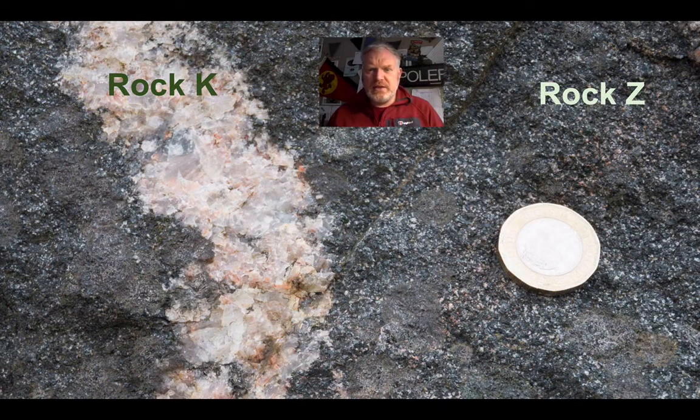And this is rock Z, the darker colour rock. Again, we've got a pound coin for scale, so we can see distinct crystals here, maybe between 1 and 2 millimetres across. And then we see the much coarser and also much lighter rock K as a band running through rock Z there.